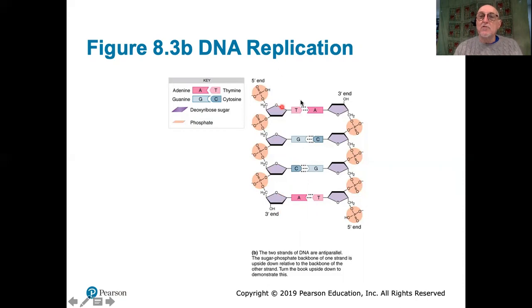But see, the backbones running in opposite directions, and that allows these hydrogen bonds to form. Just as a little aside, notice between thymine and adenine, there are 2 hydrogen bonds. Between cytosine and guanine, there are 3. The cytosine-guanine bond is much stronger than this one here. So running that way and that way through the whole molecule.